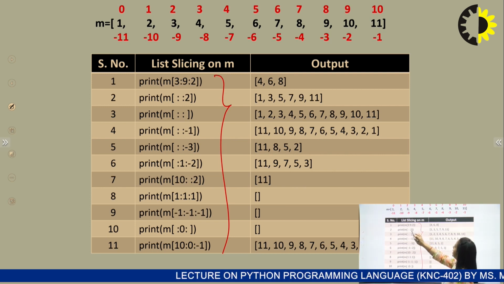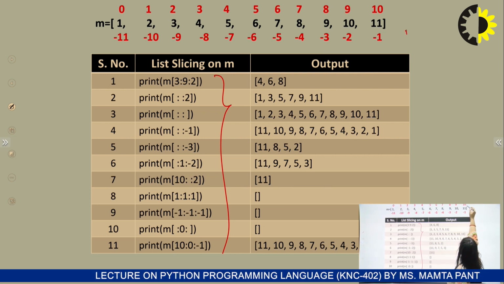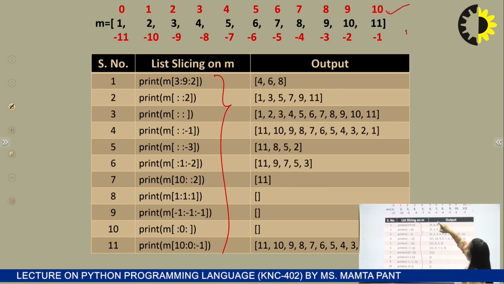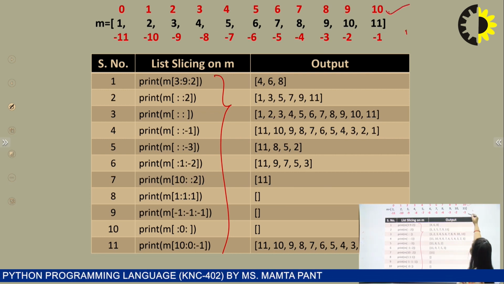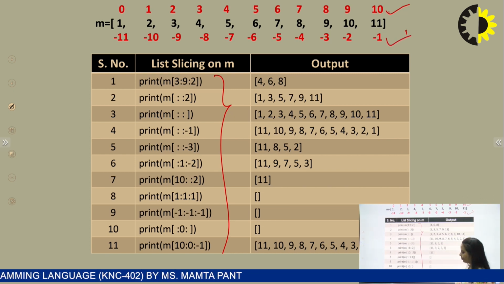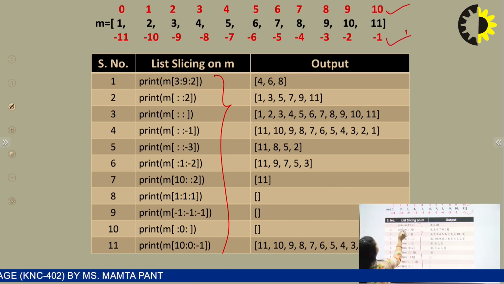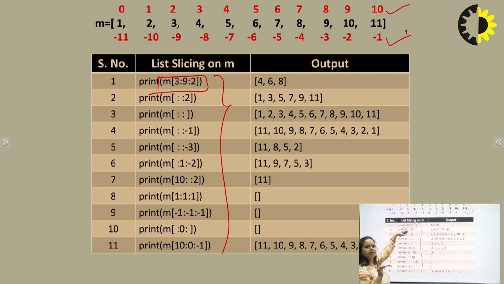This is our list M. We have these elements. This is our positive indexing 0, 1, 2, 3, 4, 5, and this is our negative indexing. Now let's solve the slicing one by one. We have to slice the original list M. We have to start from 4 and end at 9 minus 1, that is 8.